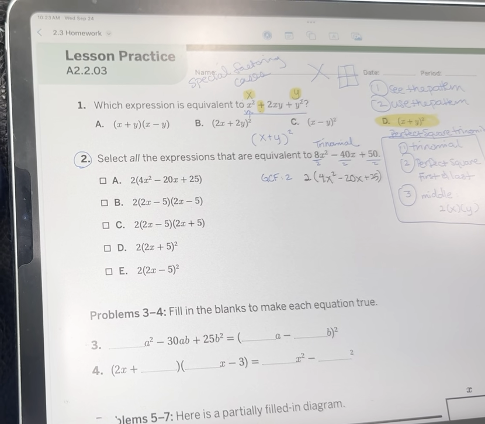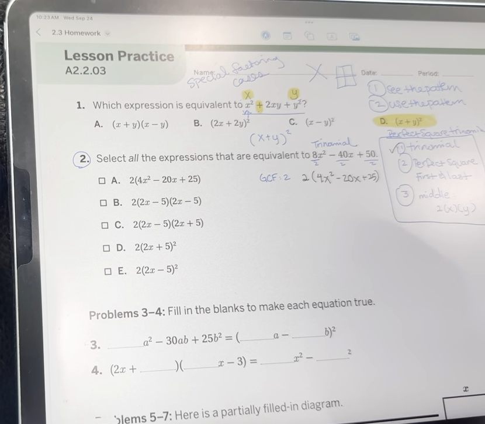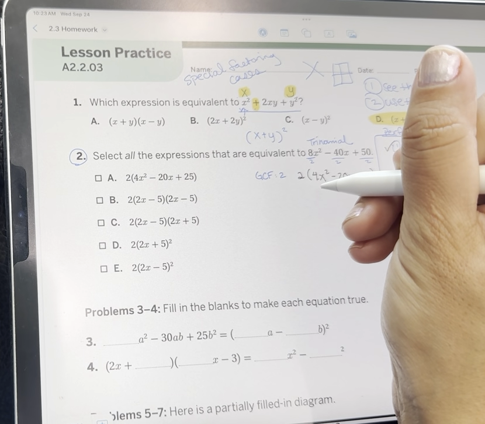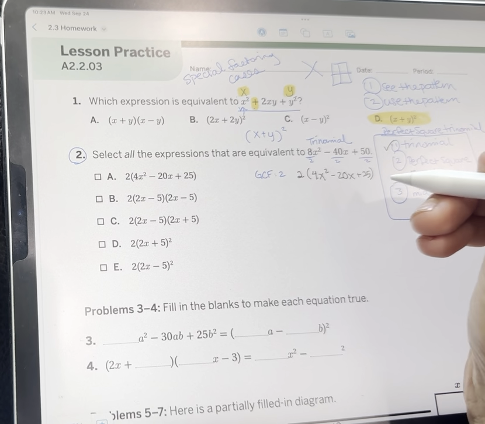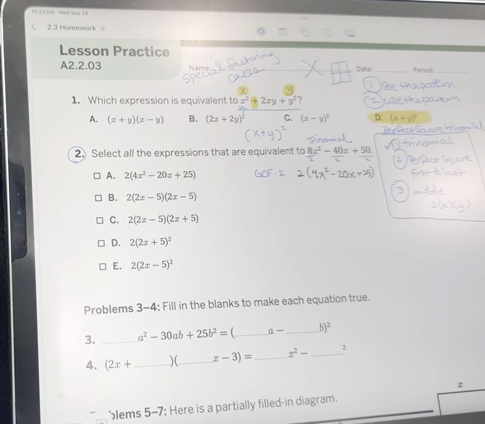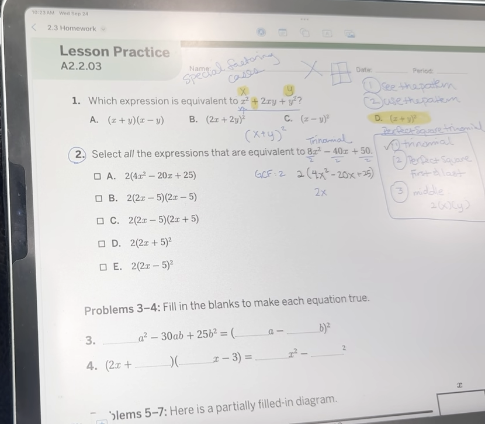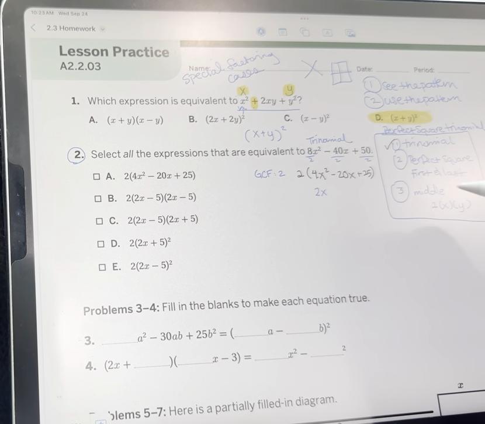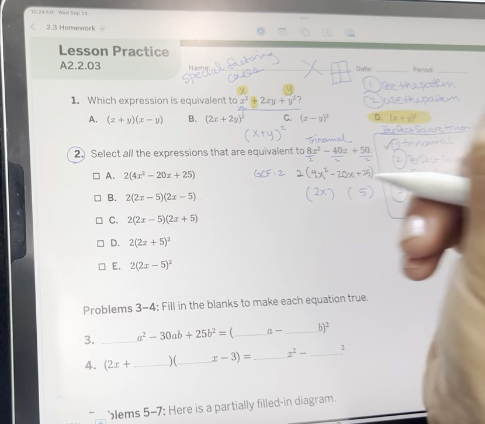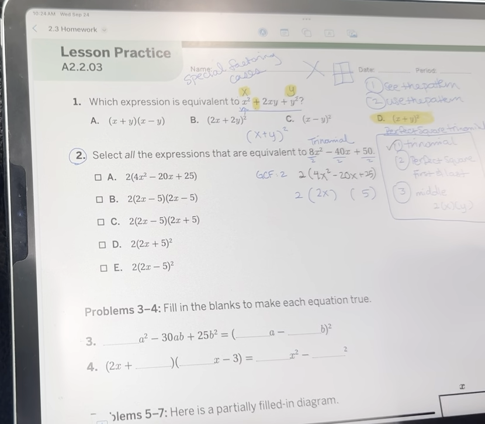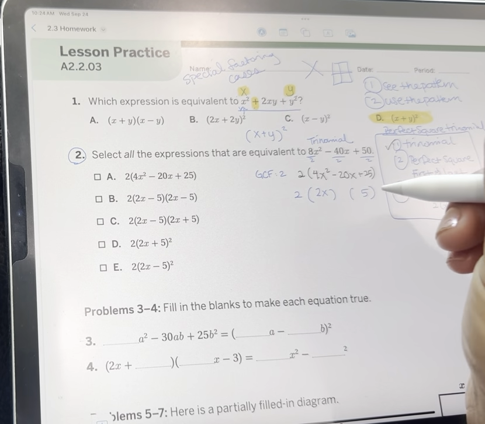Okay, now here I am. Trinomial, check. Okay, do I have a perfect square in this beginning? Yes, I do, check. Do I have a perfect square at the end? Yes, I do, check. In the middle, do I have the square root of the first guy, the square root of the second guy times 2? So 2 times each square root times each other.